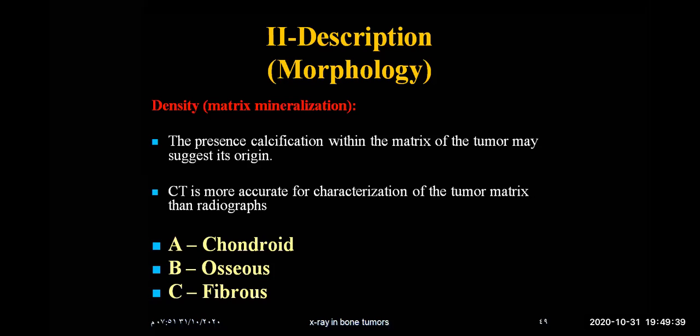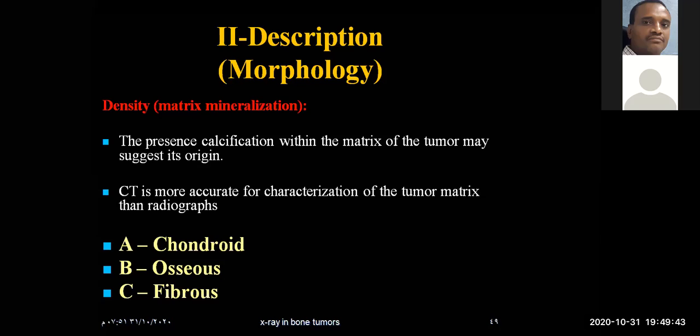All tumors, almost all tumors, are of three origins: either chondroid, osseous, or fibrous. From the X-ray, I can judge, and I have a clue about this tumor.